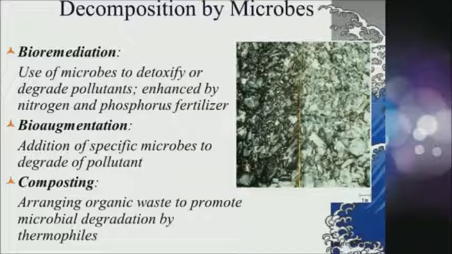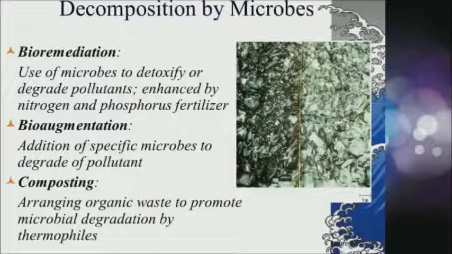This is actually the addition of specific microbes to degrade the pollutant. For example, you can have a series of aeration tanks. So let's say aeration tank 1, aeration tank 2, aeration tank 3. We normally utilized this when I was in a sewerage treatment plant, wherein aeration tank 1 would be injected with an enzyme.